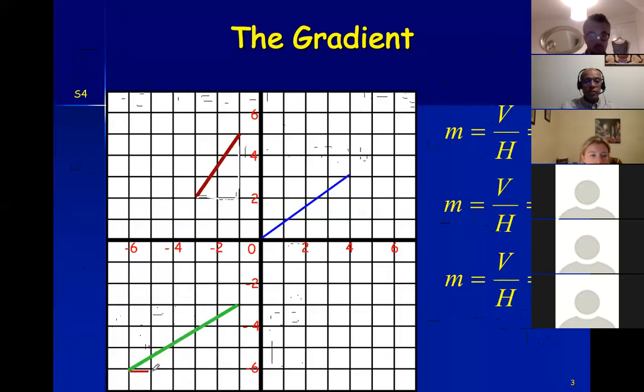So you would go along here horizontally. I'm going by 1, 2, 3, 4, 5 squares, or 5 units, and 1, 2, 3 on the vertical. So that would mean 3 divided by 5.